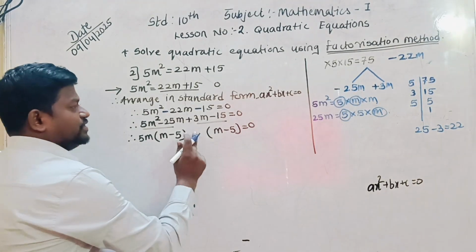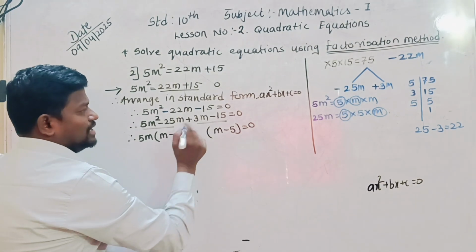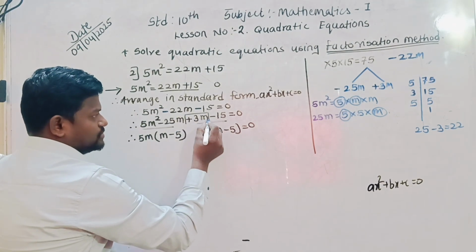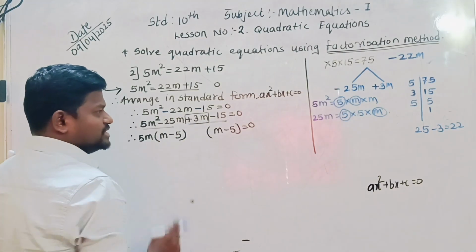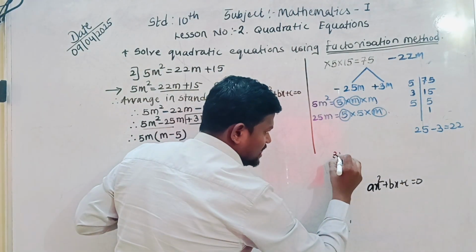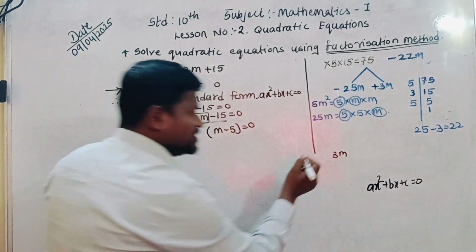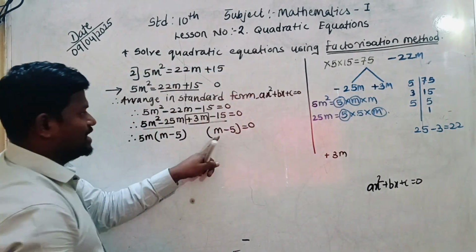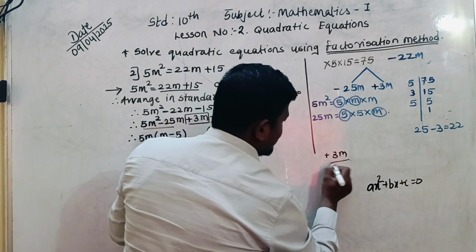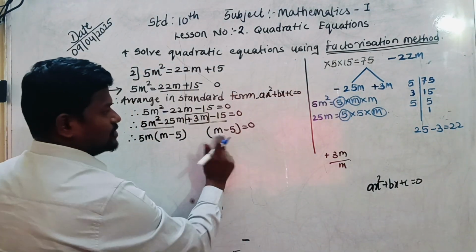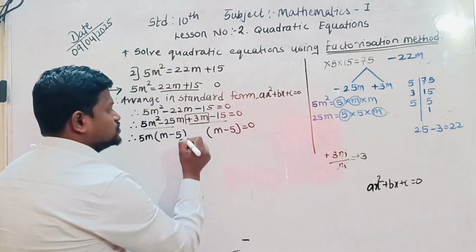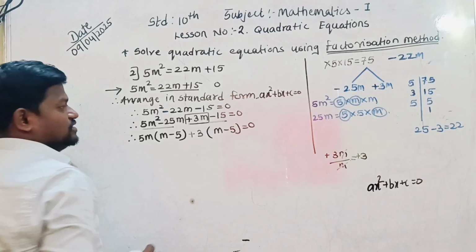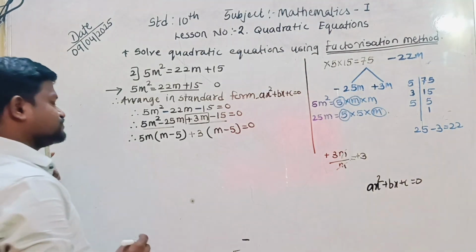Now we have to write down the number here. So let's check the third number. See, first number, second number, third number. Plus 3m is here, and m is here. So divide this number, and we will get plus 3. So write down plus 3 here. Okay.